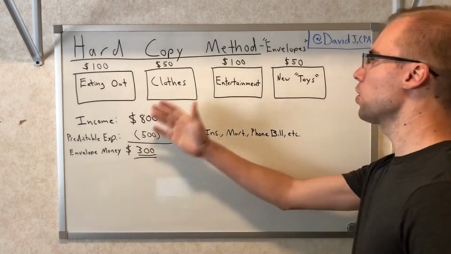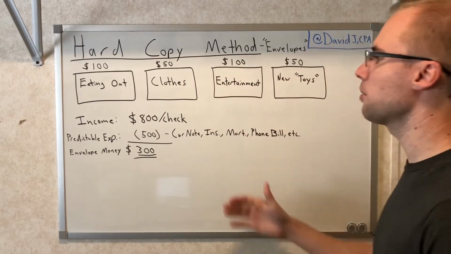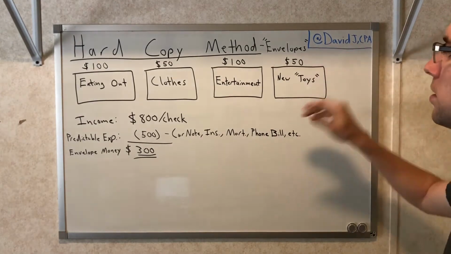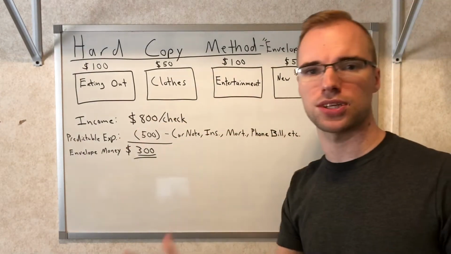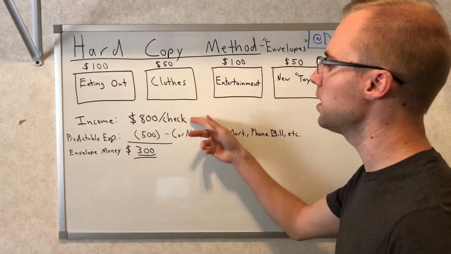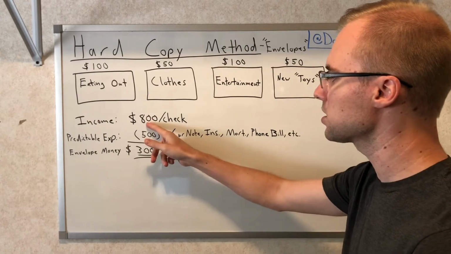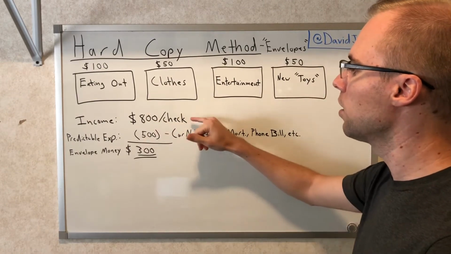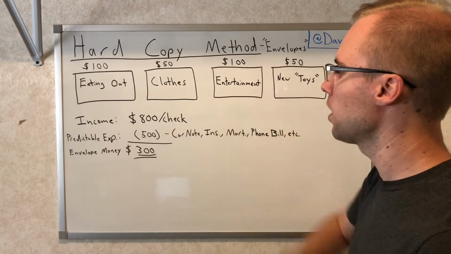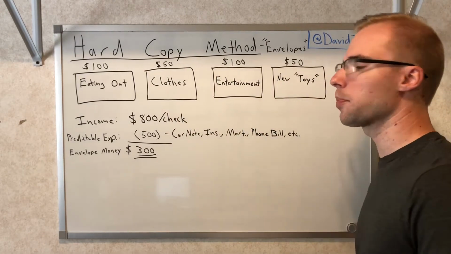So I just wrote out an example here, just a little short and sweet example. I'm going to be using the envelope method here. These little squares are going to represent our envelopes today, okay? So let's say every paycheck we get $800, okay? Whatever your income is, plug that into this number right here. $800 for this example, per check. Okay, we're going to take out our predictable expenses.